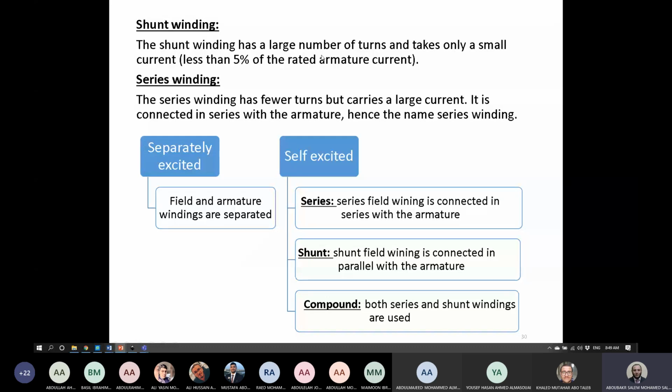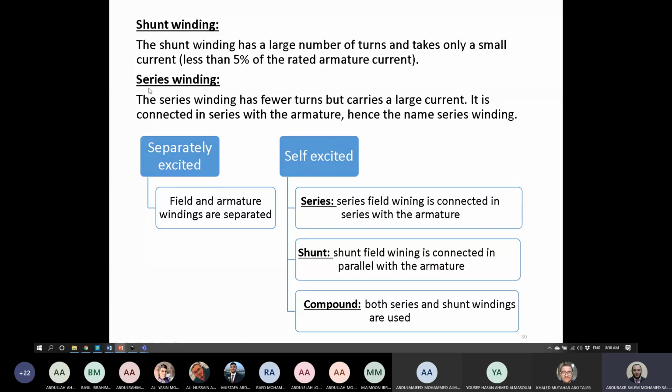The shunt winding has a large number of turns and takes only small current, around 5% of the rated electric current of the armature. So if we design to add the armature and field winding in series, we have to respect this current. So the series winding here has to be designed in a different way to work with the armature.